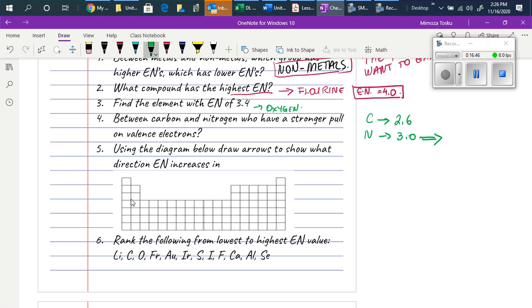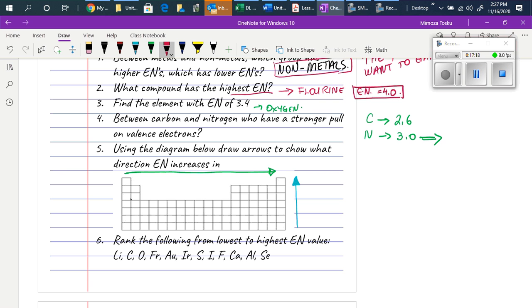So in general, within a period, the electronegativity increases as we move from left to right. And when we move vertically, we notice that the electronegativity increases as we move from down to up.